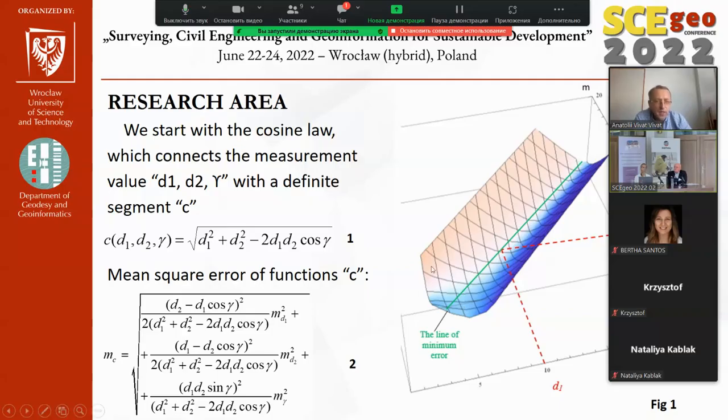distance c. In this graph, you can see when minimum mean square error obtained when distance d1 and d2 is equal.